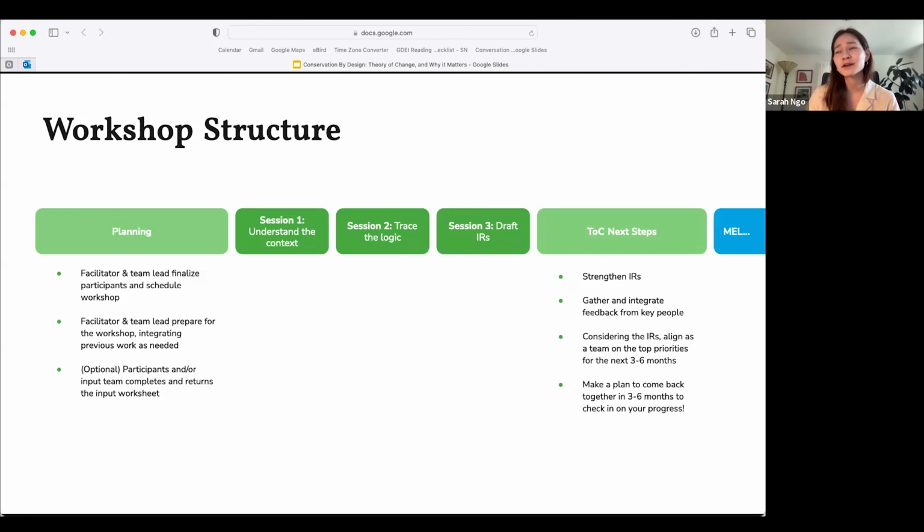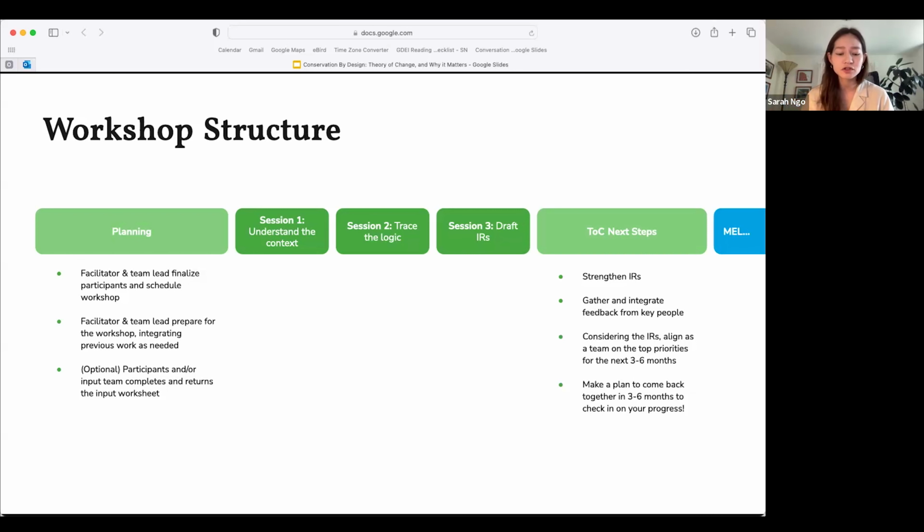And then finally, I just wanted to mention that after the theory of change, hopefully the team is thinking and talking about how to create a monitoring, evaluation, and learning plan using the theory of change. And I'll just also mention that those last two bullet points around work planning and thinking about priorities do tie in really well to thinking about MEL planning, and those steps can happen concurrently as well.